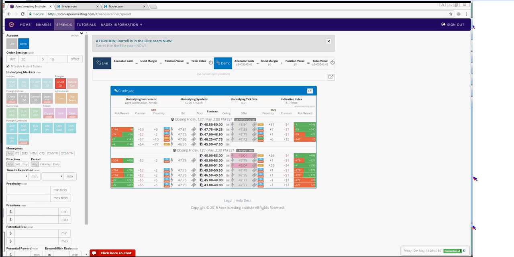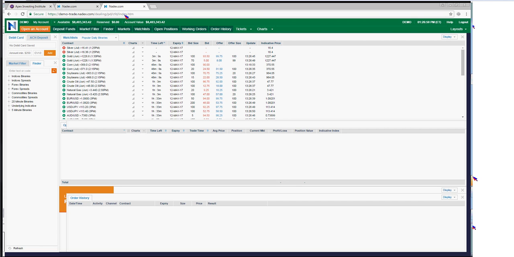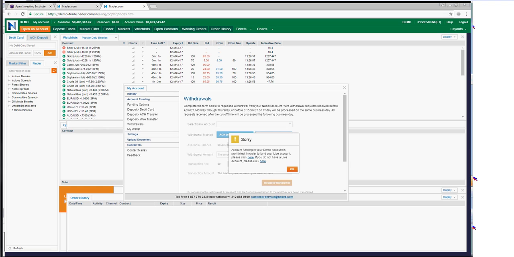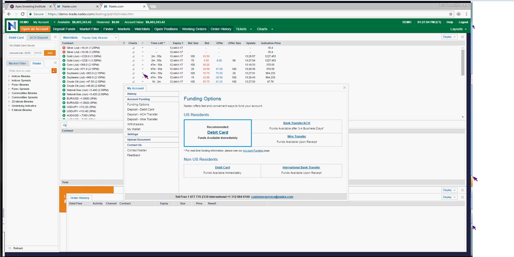See here, $8 million. Yeah, it sort of got pointless to keep trading in demo after a while. Because here's the thing that really bites: you go over to demo, go to my account, go to withdrawals, and it won't work.